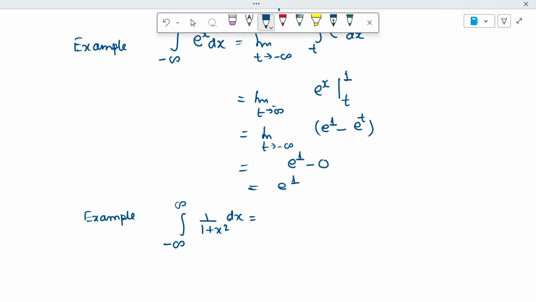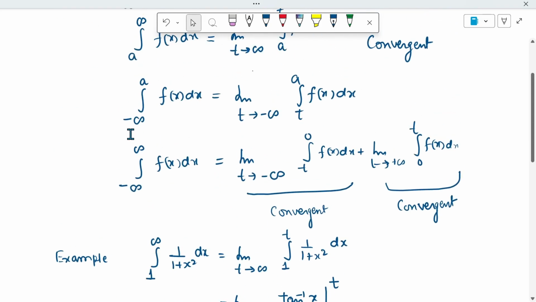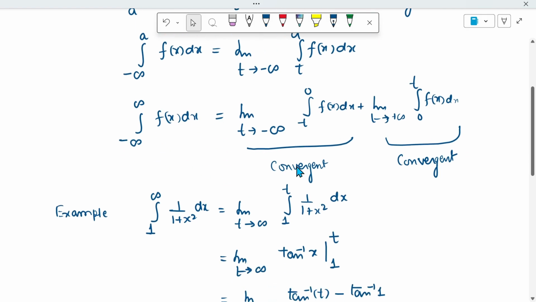So this is similar to what we discussed earlier, minus infinity to infinity f(x) dx. Then we have to break this into two parts. So first we will take minus infinity to 0 and then 0 to plus infinity.